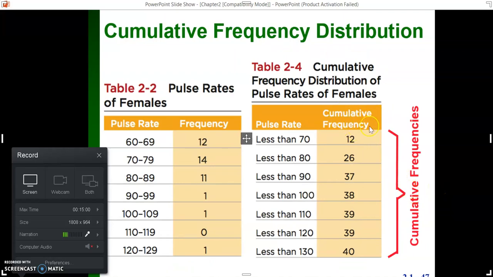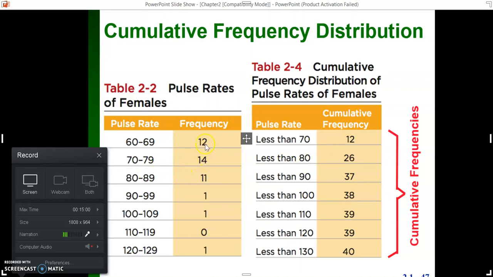Next, the cumulative frequency, which is just adding numbers. For that, we can write this as 60 to 69 or less than 70. Both represent the same. For 60 to 69, the first value is always the same, 12. So 12 means 12. Number 2, 70 to 79 or less than 80, you have to add this value to the previous one.